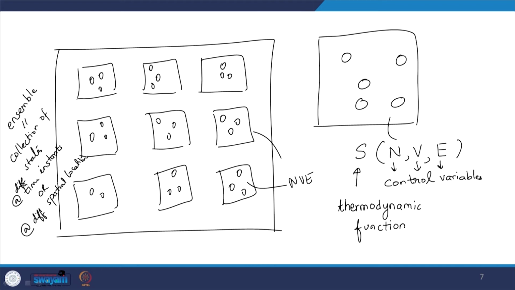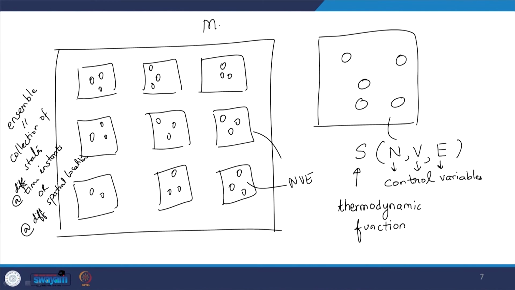And whenever we talk about any property in thermodynamics, it is always an average over many possible states of the system having the same value of control variables, in this case N, V and E, but different possible configurations and different possible distributions of energies, right. That is a very important point that we will build on. And in this particular case, where I am keeping N, V and E constant, it is referred to as a microcanonical NVE ensemble.